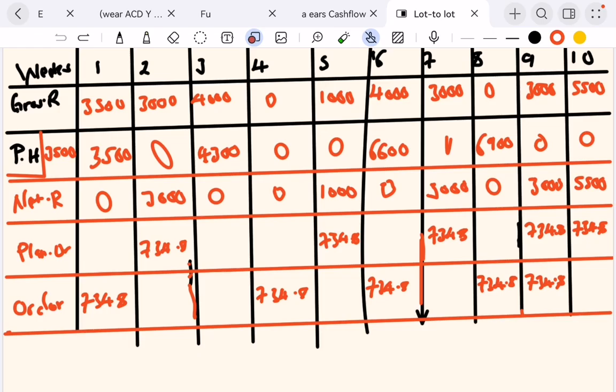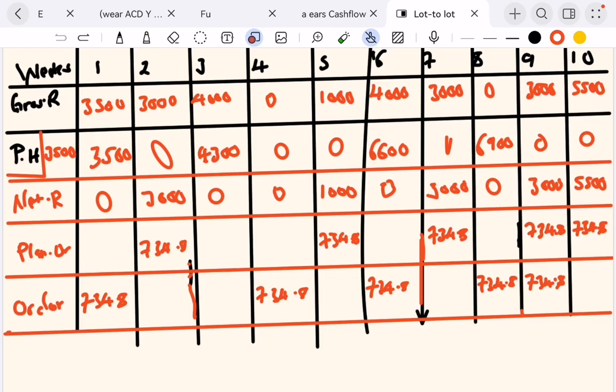This 734 means that there is remaining, because we've not filled in entirely the last part. There's a remaining amount on the requirement instead of 5,500, so we subtract 5,500 minus this 734.8.